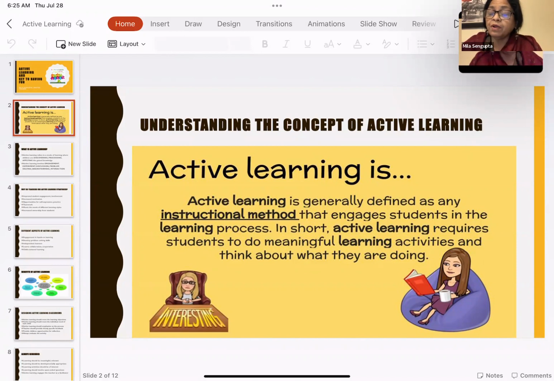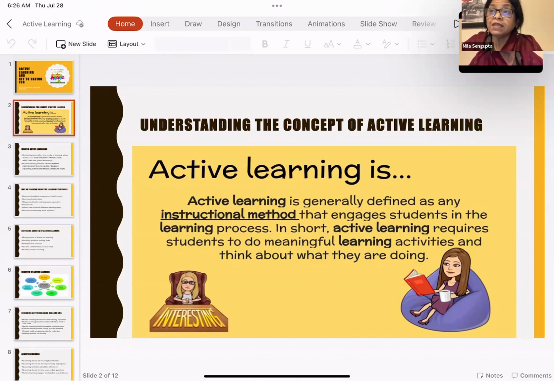But in our young children's classroom, the method of learning should be active learning. It is a form of instructional method that engages students in the learning process.